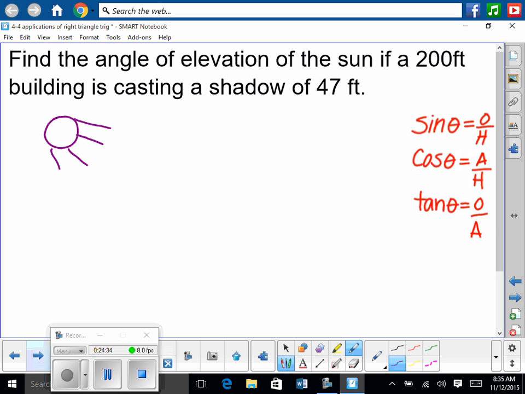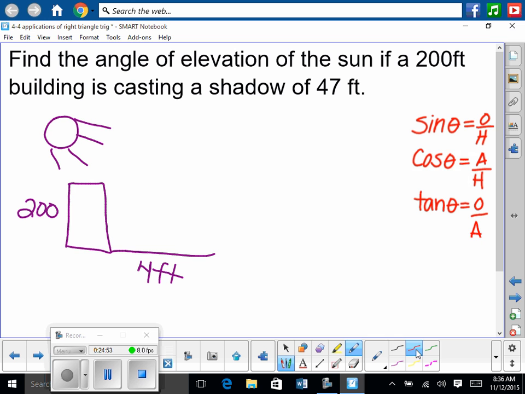And it says that we have a 200-foot building. So here's my building. And it's 200 feet tall. The building is casting a shadow, right? 47 feet. Now it says, what is the angle of elevation?